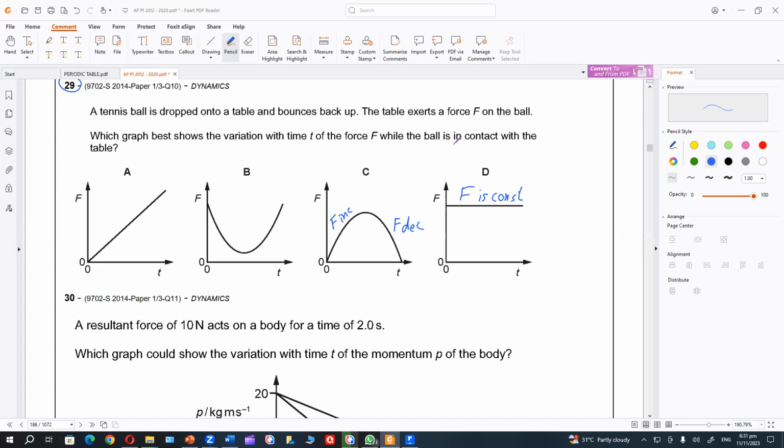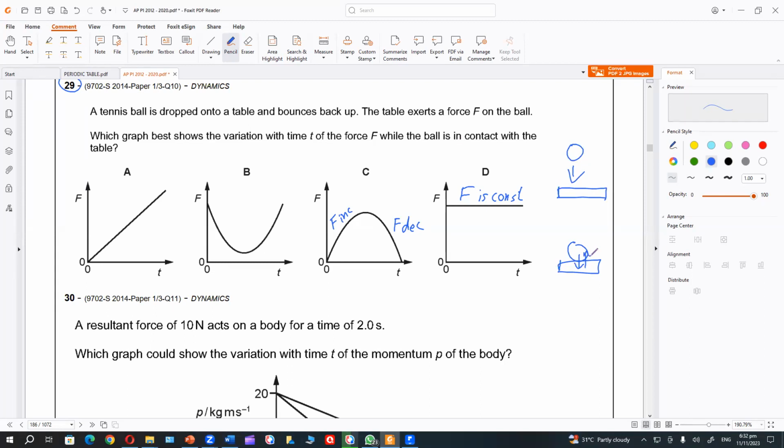Presently, he's talking about the force while the ball is in contact with the table. I make a diagram here. Look, this is the table and the ball is coming. The ball comes down and hits the table. When the ball hits the table, the ball gets an upward force. It's a transition.